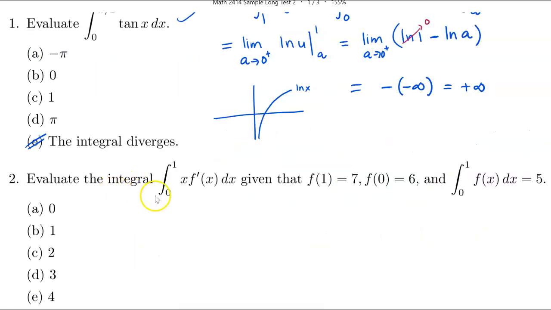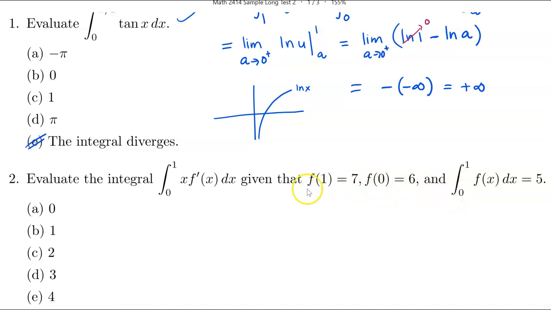We are asked to evaluate the integral of x f prime of x dx from 0 to 1, given that f of 1 is 7, f of 0 is 6, and the integral of f of x from 0 to 1 is equal to 5. Now, if you examine the problem here, we don't know what this function is, but we are given the derivative of that function f of x.